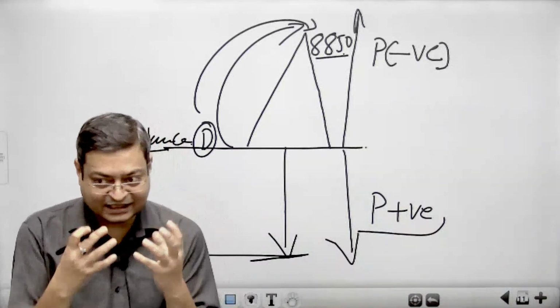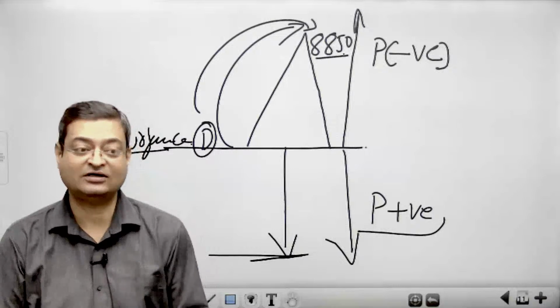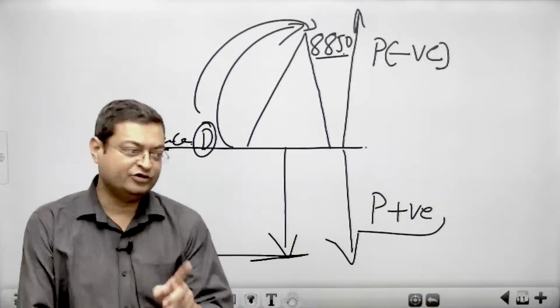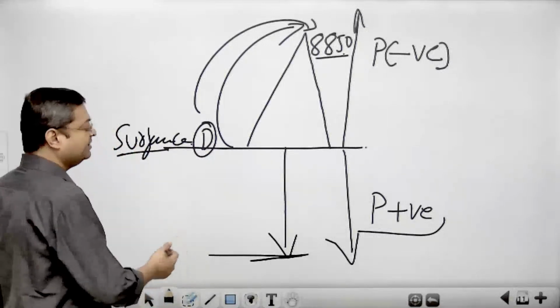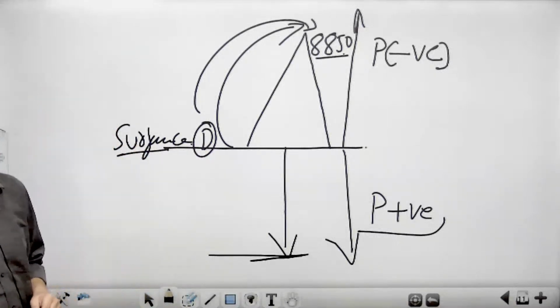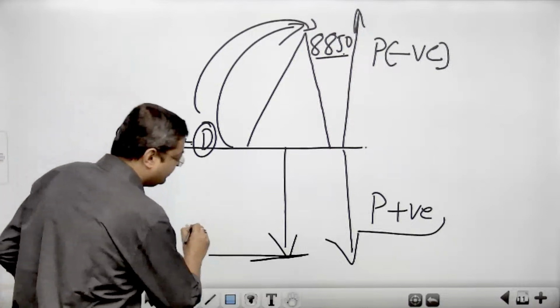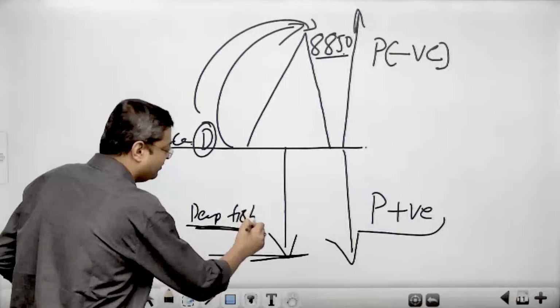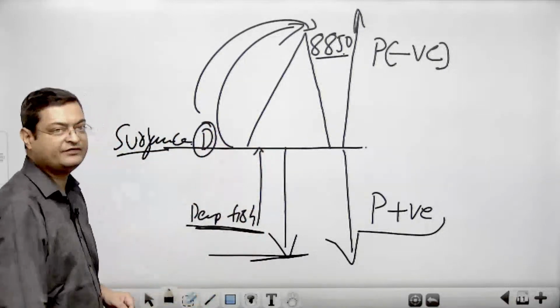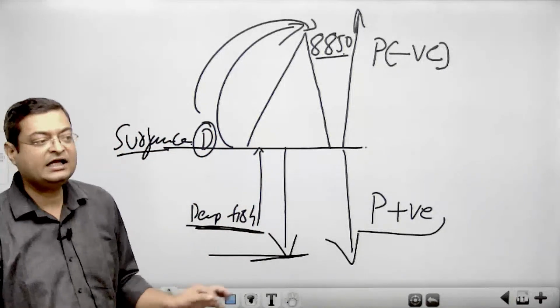I will be crushed, squeezed down, if it is sudden. UPSC asked this question. I don't remember the year. It was in prelims. A deep water fish was brought up to the surface. What happened to the fish?